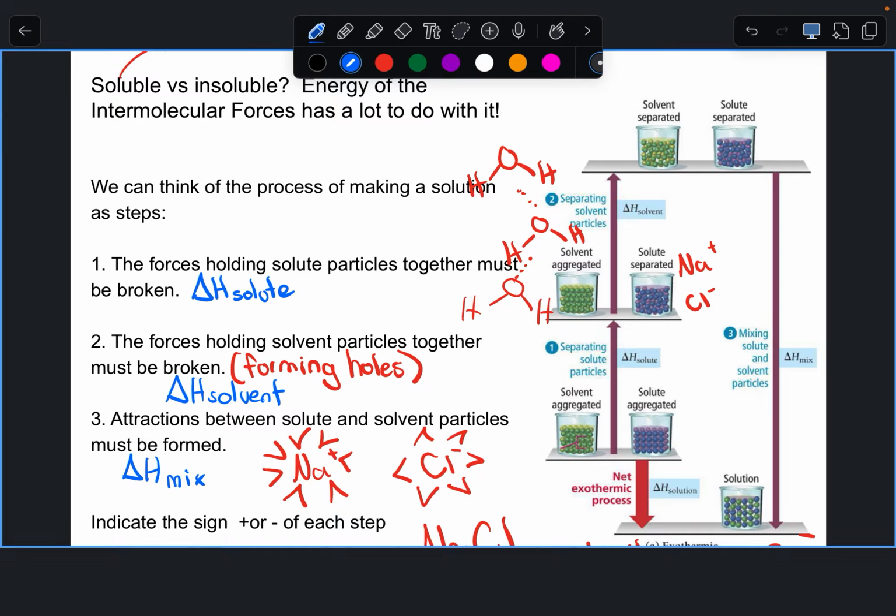And then the overall difference between those, this one takes energy, but this one obviously is releasing more than that. That overall difference is going to be our delta H of solution. So how much overall energy change is there when you form the solution?